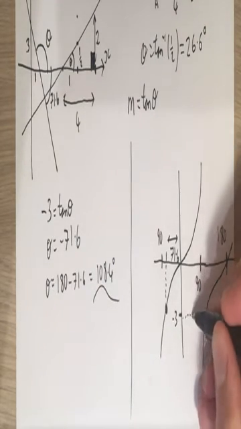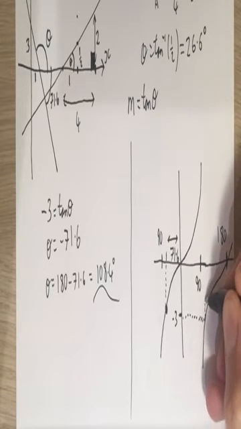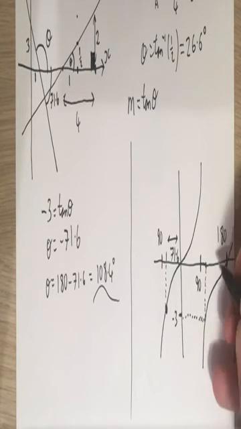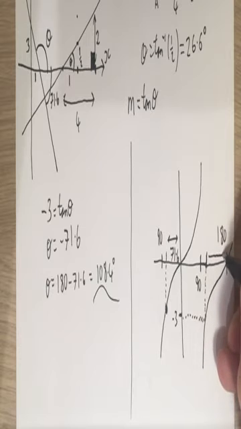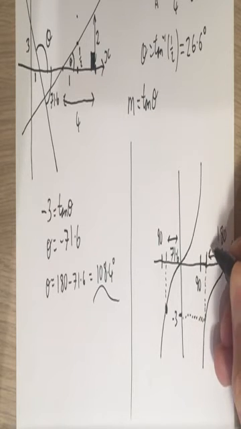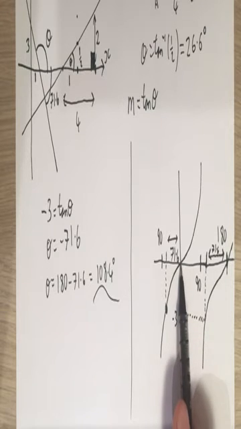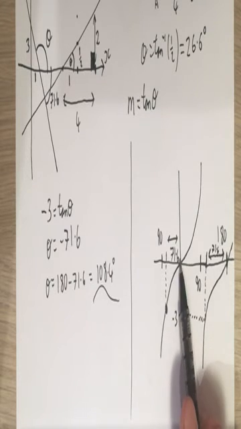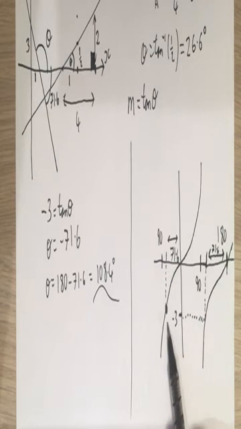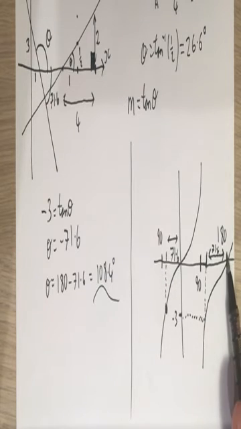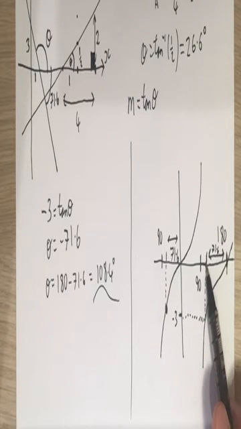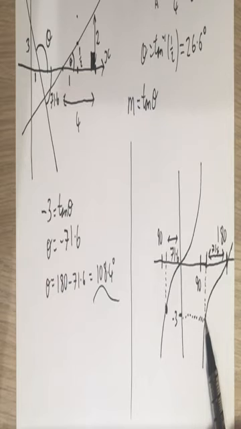So what I could then do is say, okay, where else do I get this same answer? Well, start here, go 71.6 degrees this way, and I get to minus 3.